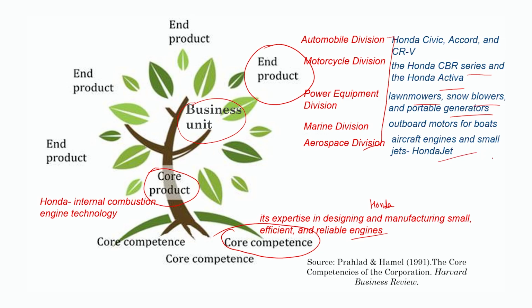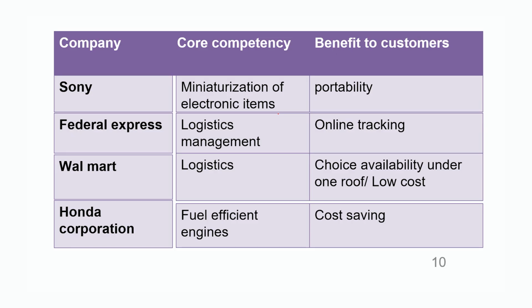So these are the end products. You cannot judge the strength of this organization just by looking at these end products. You need to invest in its core competency, that is its ability to manufacture low-cost and more efficient engines. So this is how the concept of core competency has been explained by C.K. Prahlad and Gary Hamel.